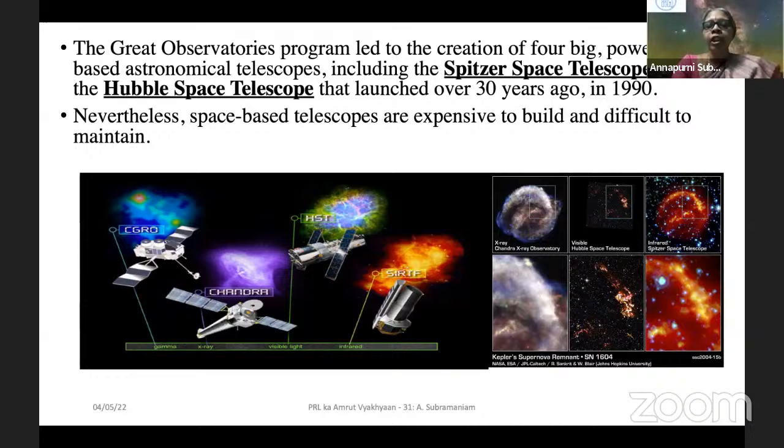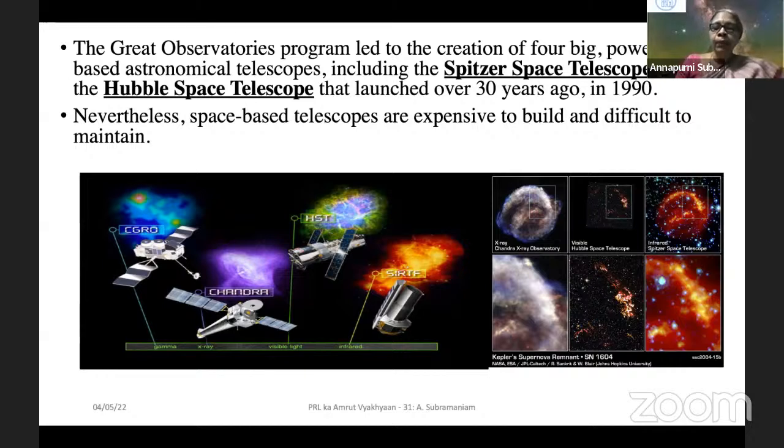We also know the Great Observatories program of the US, which brought four wonderful missions covering the wavelength range from gamma ray to infrared, and gave us a lot of understanding regarding various objects in the universe. They span about 30 years. We also know that the pictures we get of the same object look different in different wavelengths.